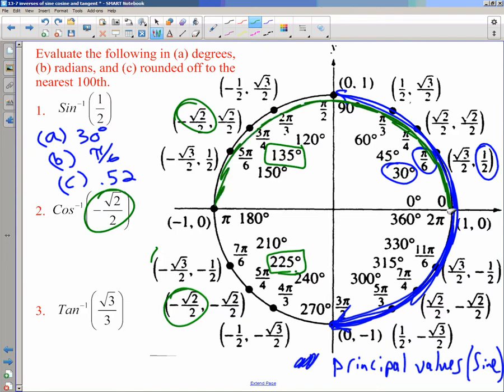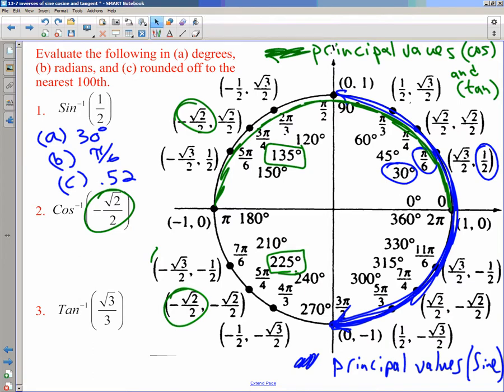So the green shaded in is the principal values. That's what the calculator gives you. Principal values for cosine and tangent. So 135 is what it is. 225 is not right.